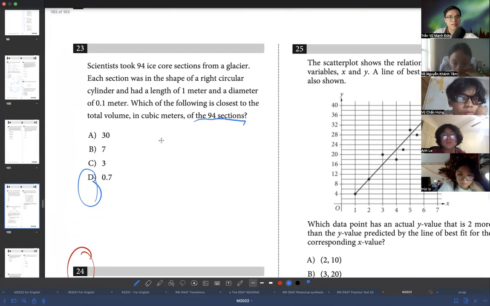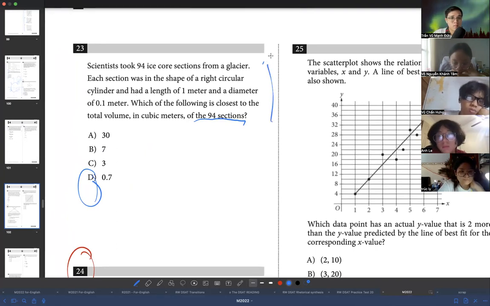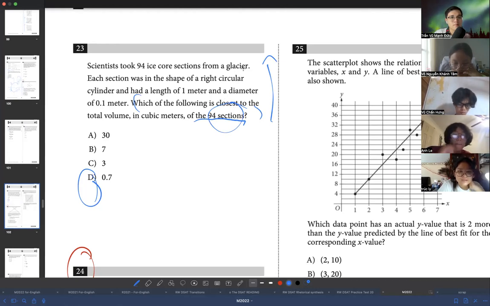Sounds a bit complicated, doesn't it? So you just have to read from the bottom up. Which of the following is closest to the total volume? 94 sections. Calculate the volume.